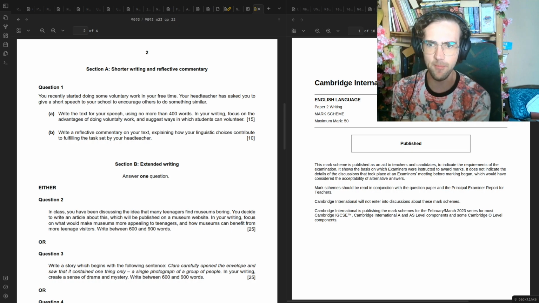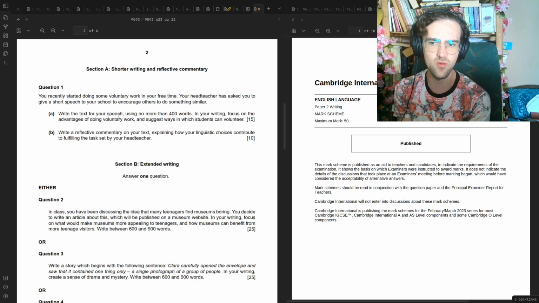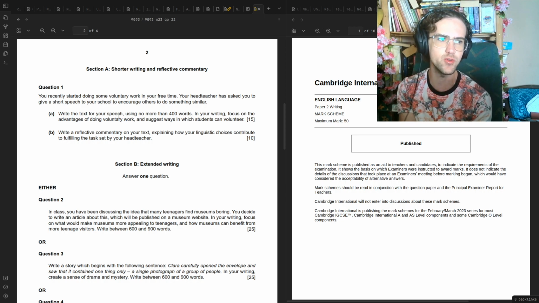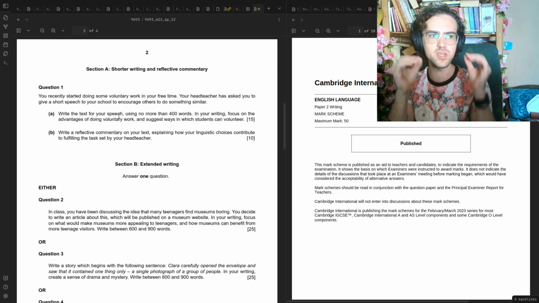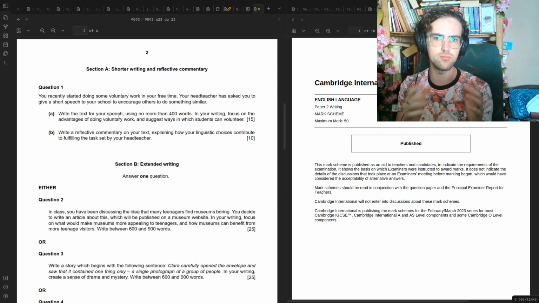So we're looking at how our linguistic choices contribute to fulfilling the task set by our head teacher. So the head teacher told us to encourage. So what we're going to do is say, how did we use language to make sure we were encouraging others? It was a short speech.